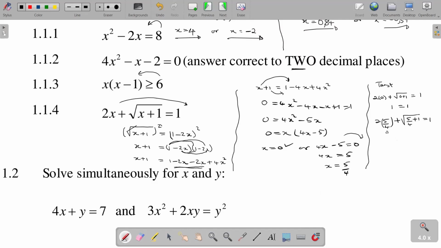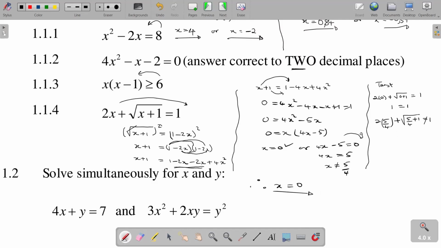If we check by punching this on our calculator, it's giving us an answer which is greater than 1, which is not equal to 1 there. Therefore, this one is not an answer. Conclusively, our x is equal to 0. Okay, you just have to punch your calculator to confirm here.